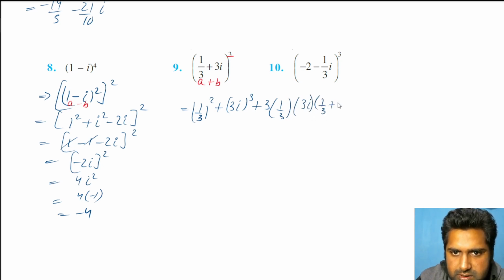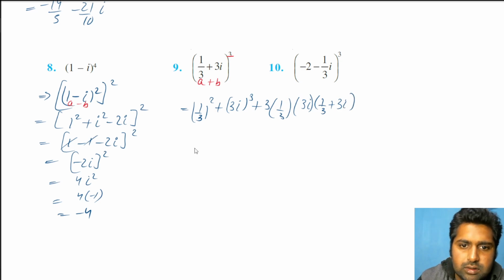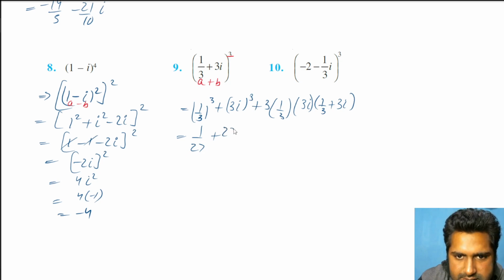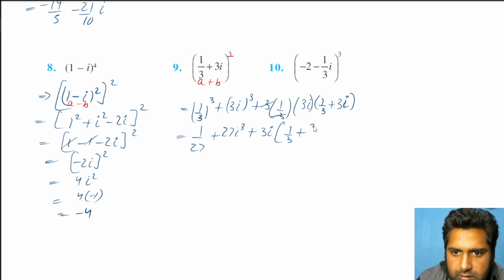So 1 by 3 plus 3i. A cube, sorry, cube was there, no? Not square. My mistake. So a cube is 1 by 27. B cube is 27 iota cube plus this 3 cancels, so nothing but 3 iota is left, bracket 1 by 3 plus 3 iota.